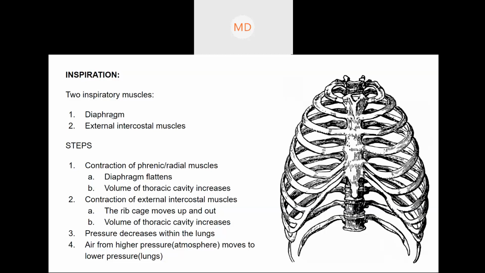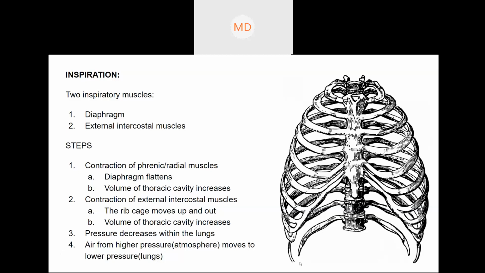Now what is the diaphragm? I think you have heard in school also about the diaphragm. The diaphragm is basically a dome shaped structure situated here. Just look at the cursor. Dome shaped means, for example, if you take a plate and invert it, it becomes dome shaped.